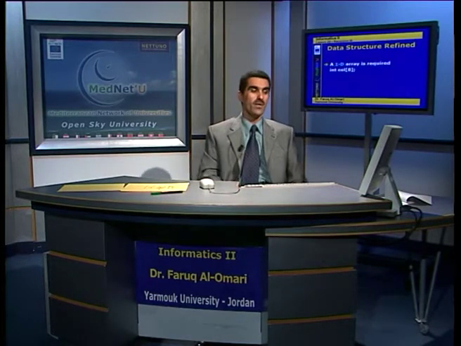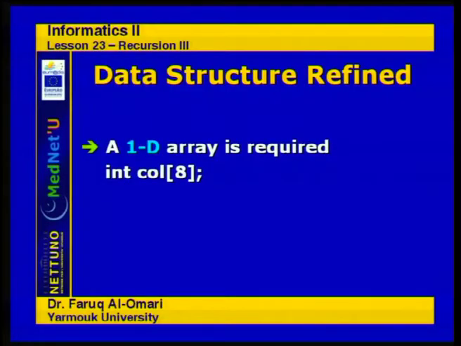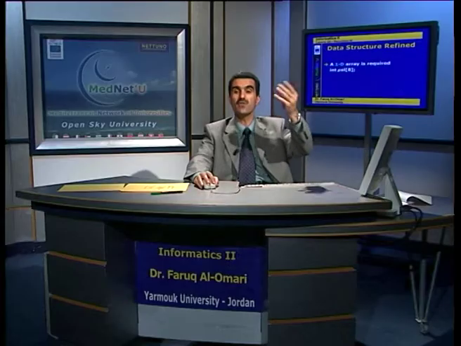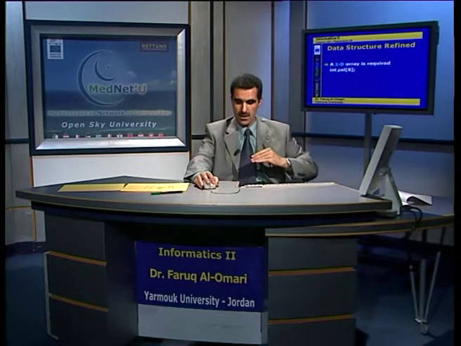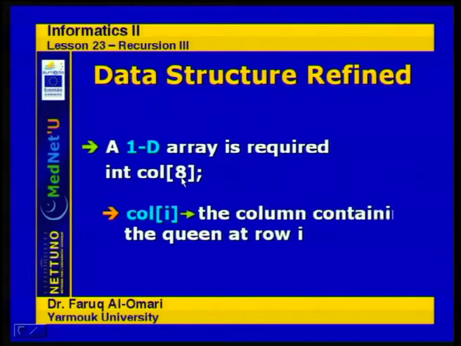So then we're going to use something like a 1D data structure, an array called column, of type integer, to refer to these 8 different rows that I have. In this column array of 8, column I says that the column containing the queen at row I is this.